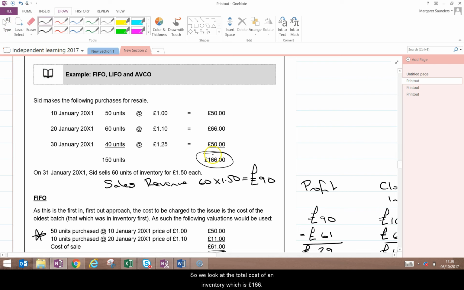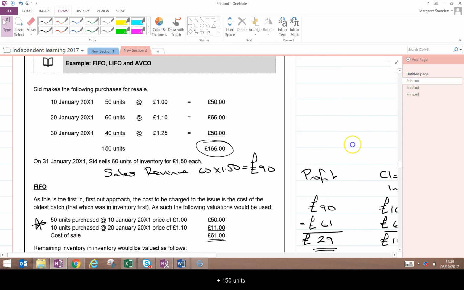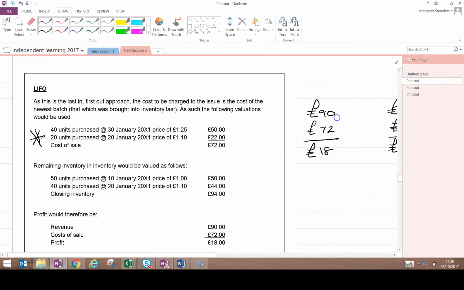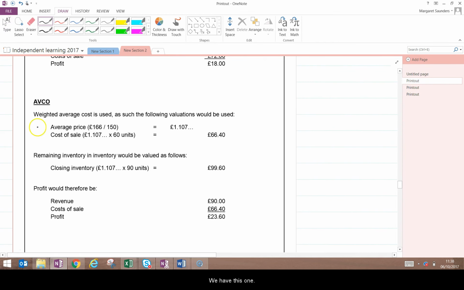So we look at the total cost of our inventory, which is £166, and we look at how many units we have in total, which is 150, and we work out the average cost per unit, £166 divided by 150 units. So here we have this one, £166 divided by 150 units means we have an average price of 1.107.